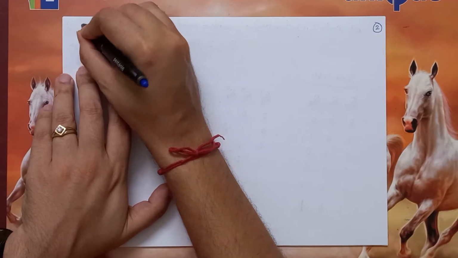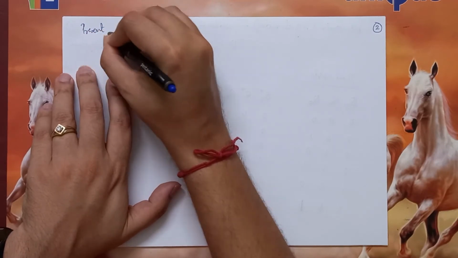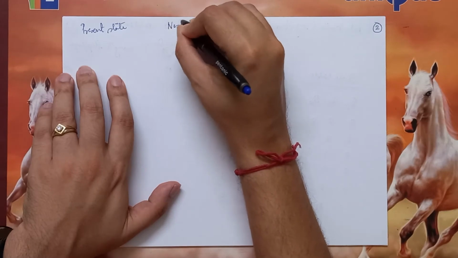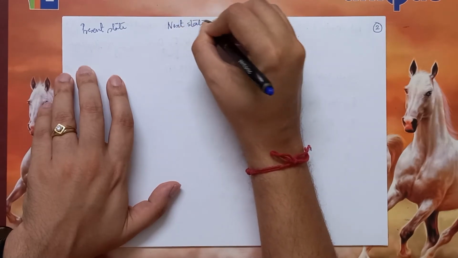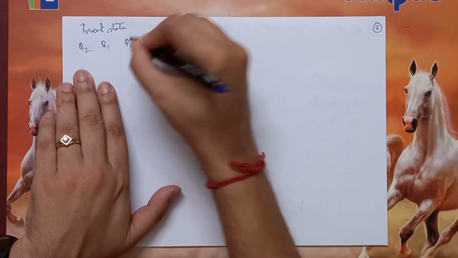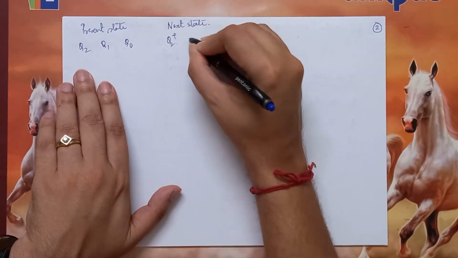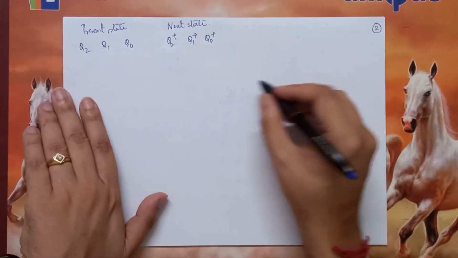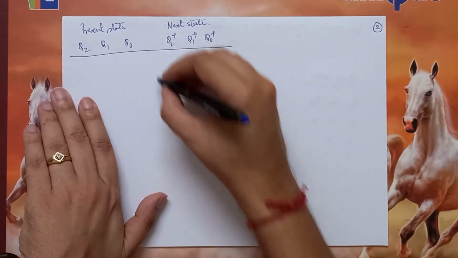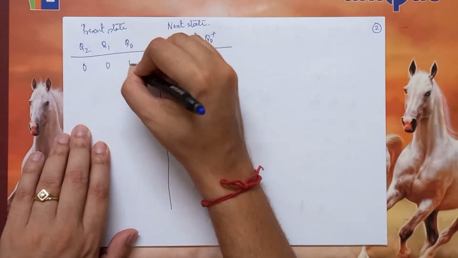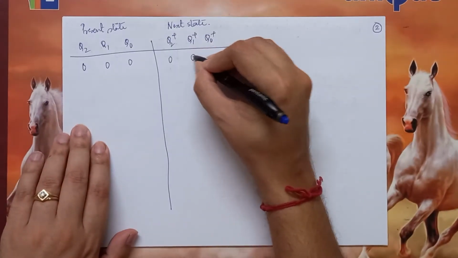So let us write them as present state, then next state. So Q2, Q1, Q0, then Q2 plus, Q1 plus, Q0 plus. Zero, zero, zero, 0, 0, 1.